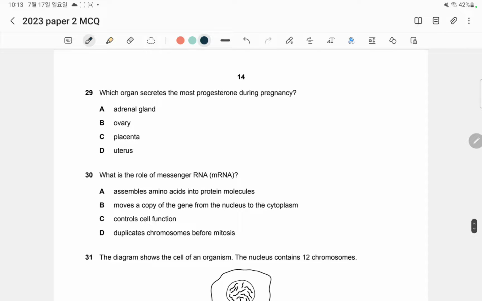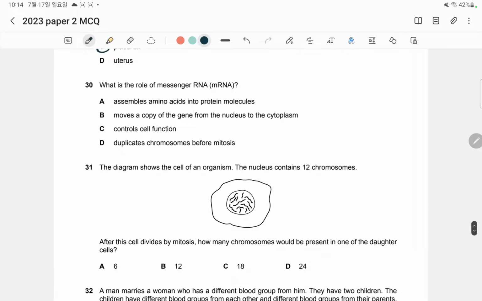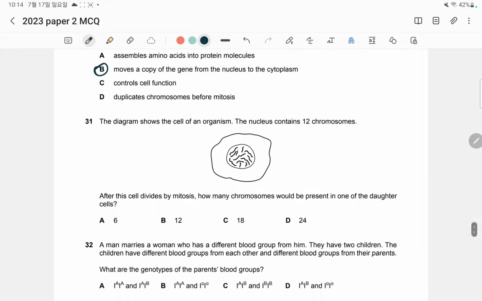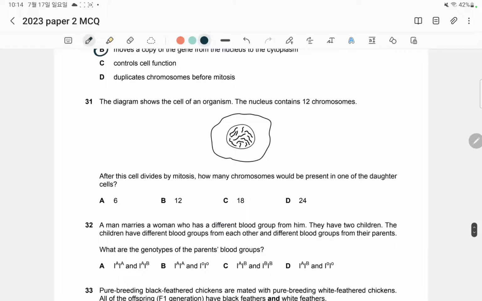Okay, number 29. The correct answer would be C. Okay, number 30. The correct answer would be B. Number 31.